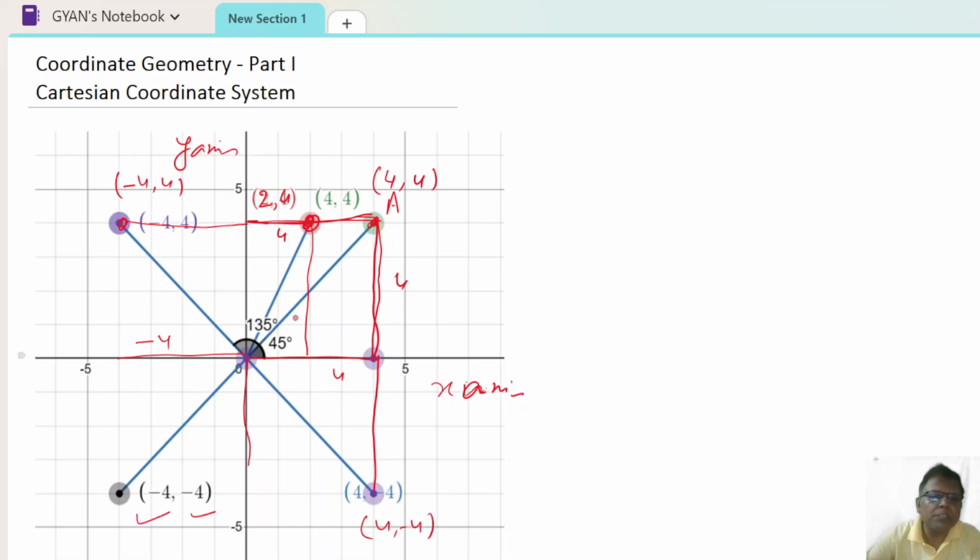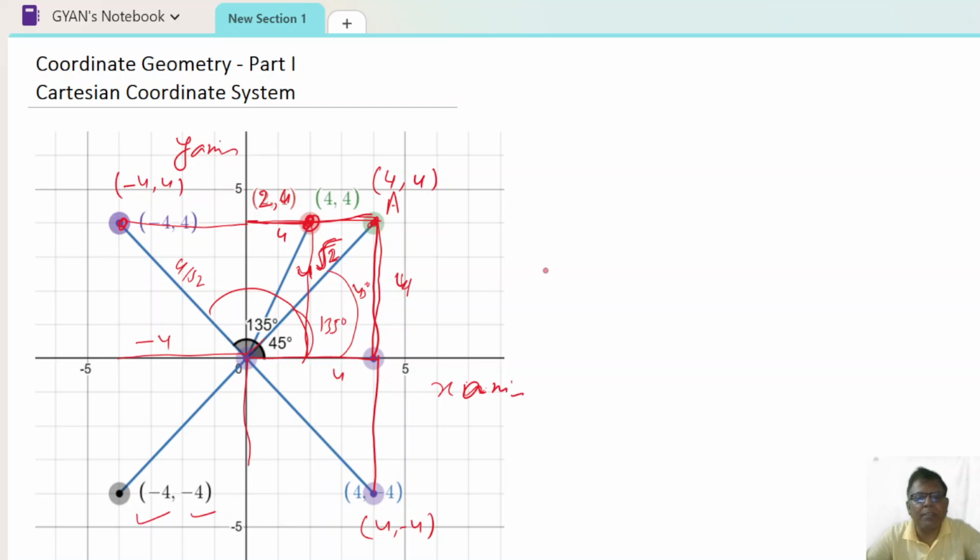Suppose this angle is theta, or 45 degrees. This is 45 degrees and if this is 4, then this will be 4 root 2. If you rotate this line, this line is also 4 root 2 and this angle will be 135 degrees. Here the angle is 45 degrees, that is why this is 4 root 2.